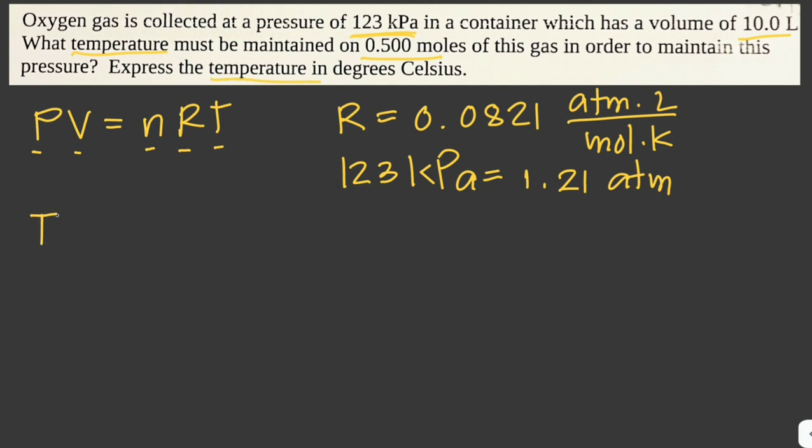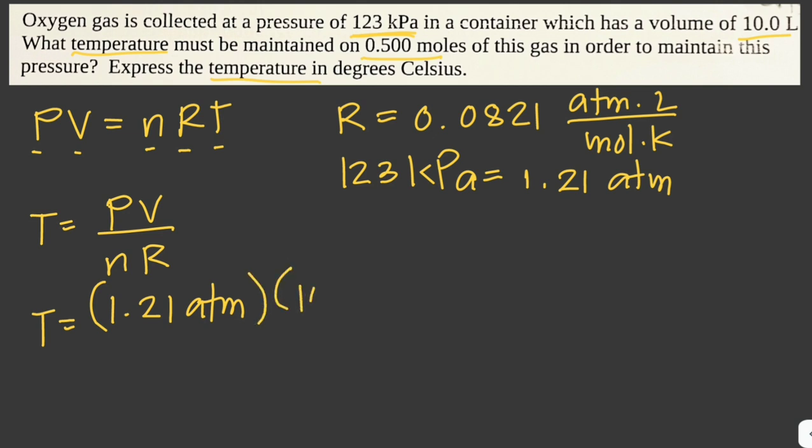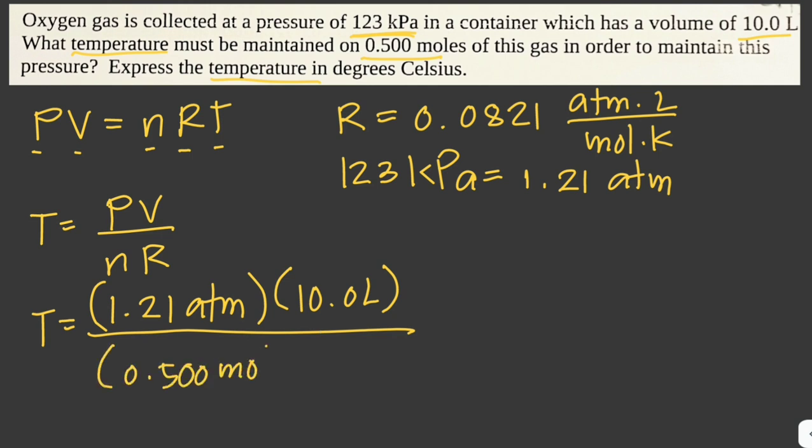To do that, the temperature is just equal to pressure times volume over the number of moles times the gas constant. So temperature is just equal to 1.21 atm times 10.0 liters over 0.500 moles times 0.0821 atm liter per mole Kelvin.